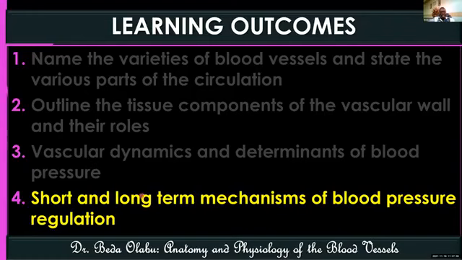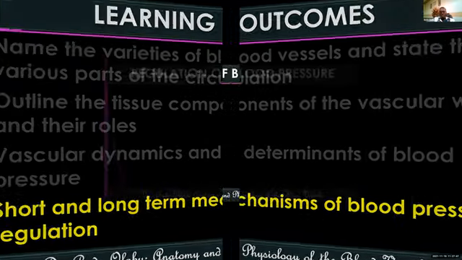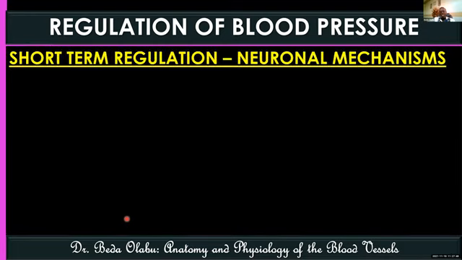Now let's look at the short-term and long-term mechanisms of blood pressure regulation. We'll start with the short-term mechanisms of blood pressure regulation. There are two short-term mechanisms. We have neuronal mechanisms and we have hormonal mechanisms or endocrine mechanisms.